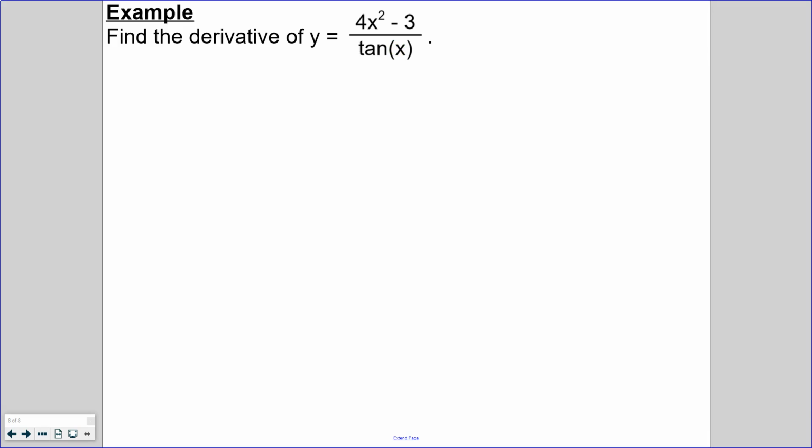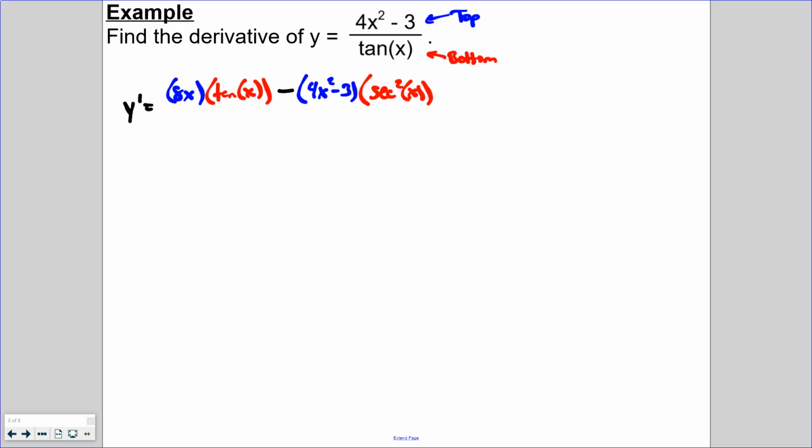All right, so I'm going to identify 4x squared minus 3 as my top function because, well, you know, it's on top. And then tangent of x is going to be the bottom function because, you guessed it, it's on the bottom. So let's see, y prime is going to be the derivative of the top, which is going to be 8x, times the bottom, which is tangent of x, minus the top, which is 4x squared minus 3, times the derivative of the bottom, the derivative of tangent is secant squared of x.